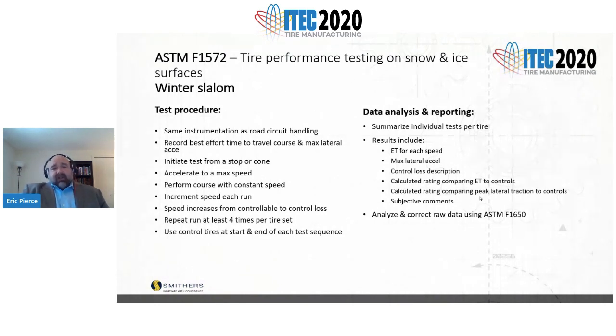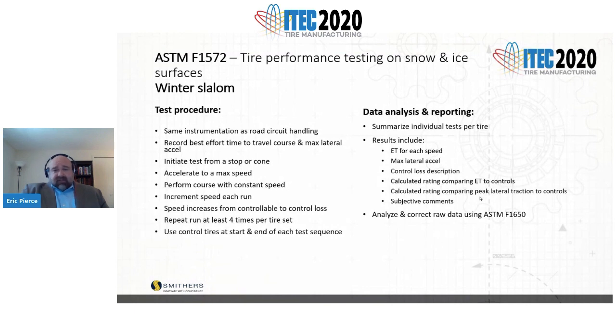And each run, you're going to increment the speed until you get to the point where it goes from controllable to being a control loss. So then you're going to want to get at least 4 runs with each particular tire set once you're at that control or right below the end stage of control loss. The same as with the others, start and stop the test sequence with the control tire as well.